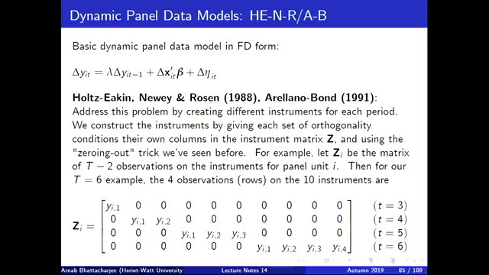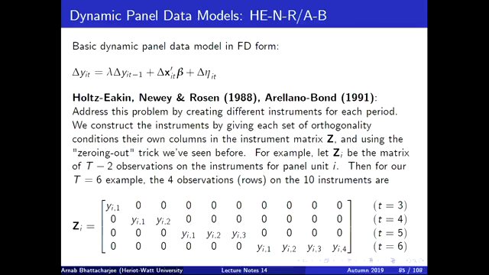So basically, we try to estimate this in first difference form. First of all, we take first differences, then we create different instruments for each period. And then we combine these instrument sets in the form of a large Z matrix like this.